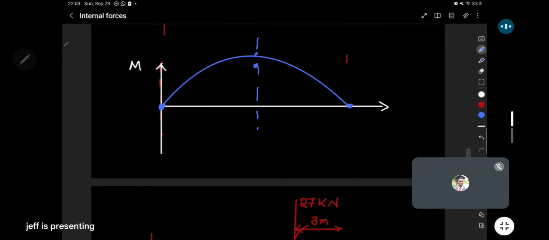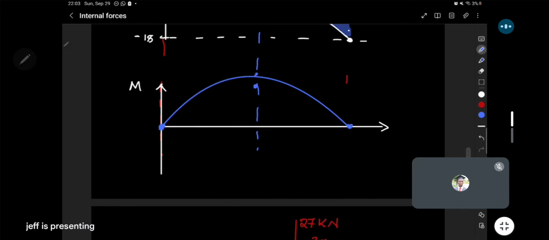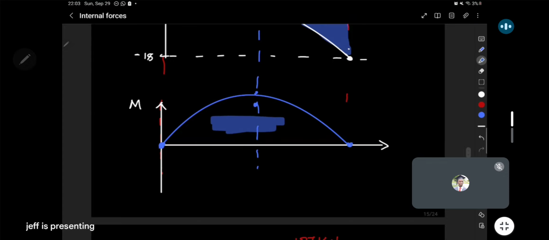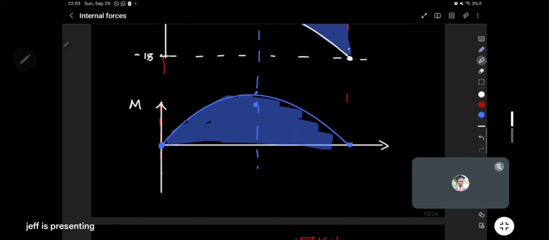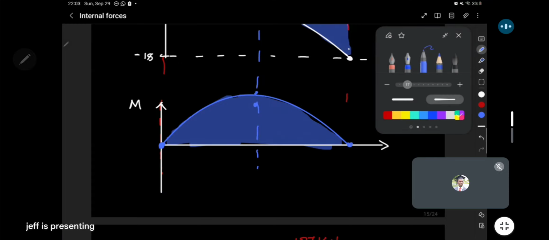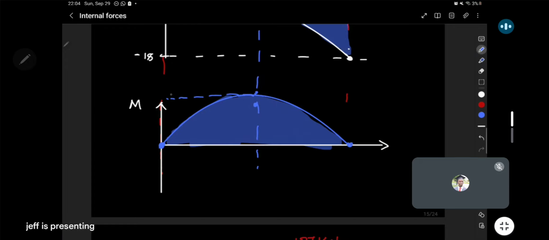So basically, this is what we're going to have as our bending moment diagram. And of course, here we know that at this point where it passes 5.2 meters, the bending moment is 31.2.